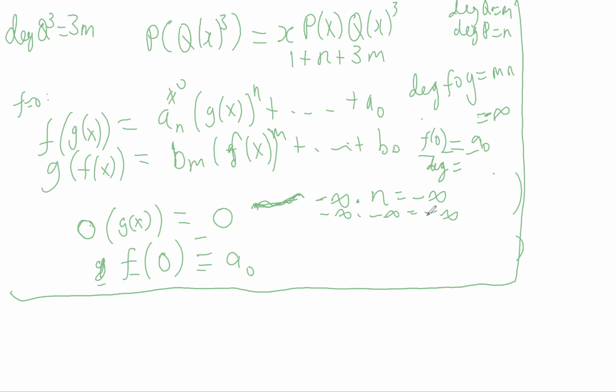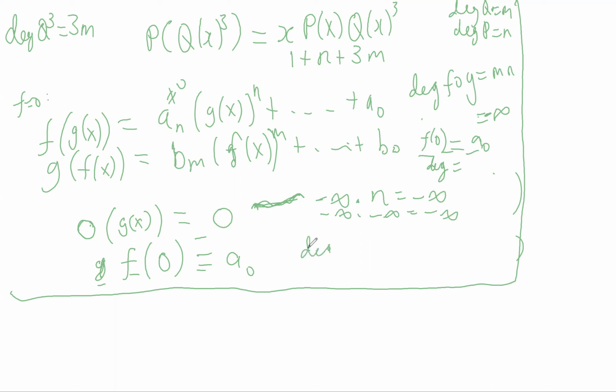And then what if f is non-zero? Well then, see, it might not be the zero polynomial, but the constant term could still be zero. If the constant term is non-zero, then the degree is just zero. What's that saying? So this is pretty bad for this rule.